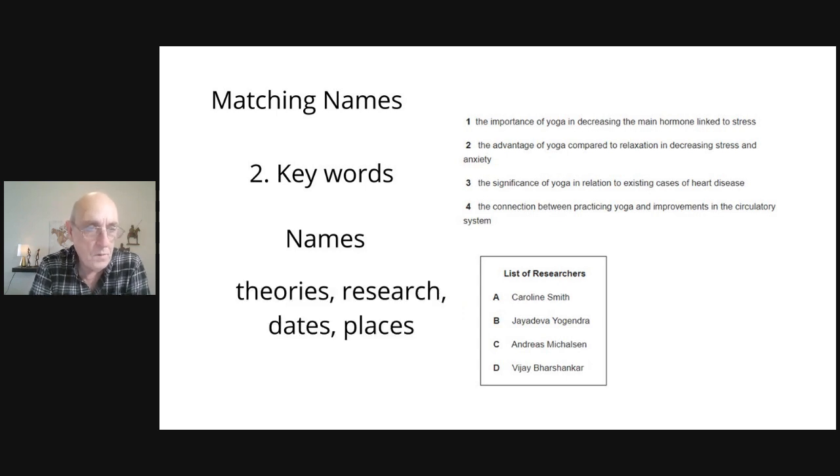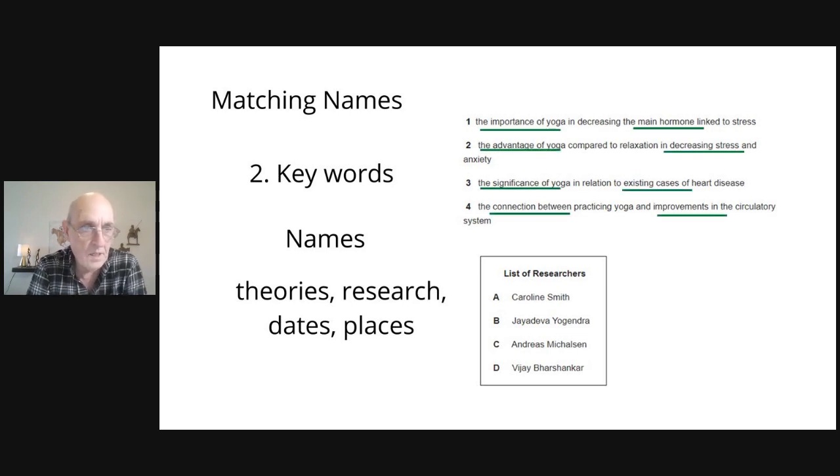So we want to take these names, and we're also going to be on the lookout for the theories or the research, even the dates or places that match these names. That's why proper names, dates, and places are so important when it comes to your keyword strategy in the reading section.